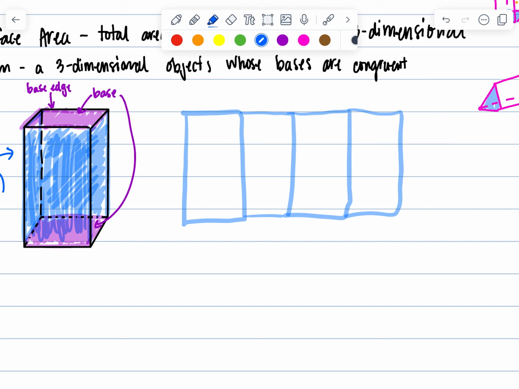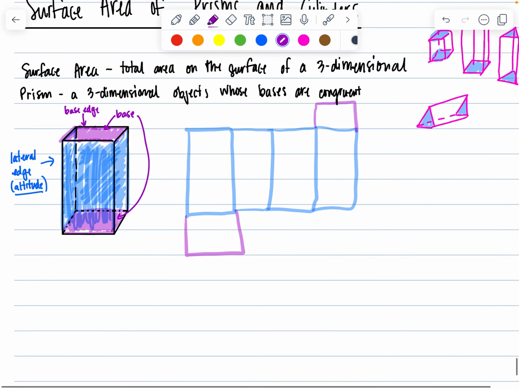Then you would have the bases on the top and the bottom. And all of this together, you could fold it all up and it would make this rectangular prism.